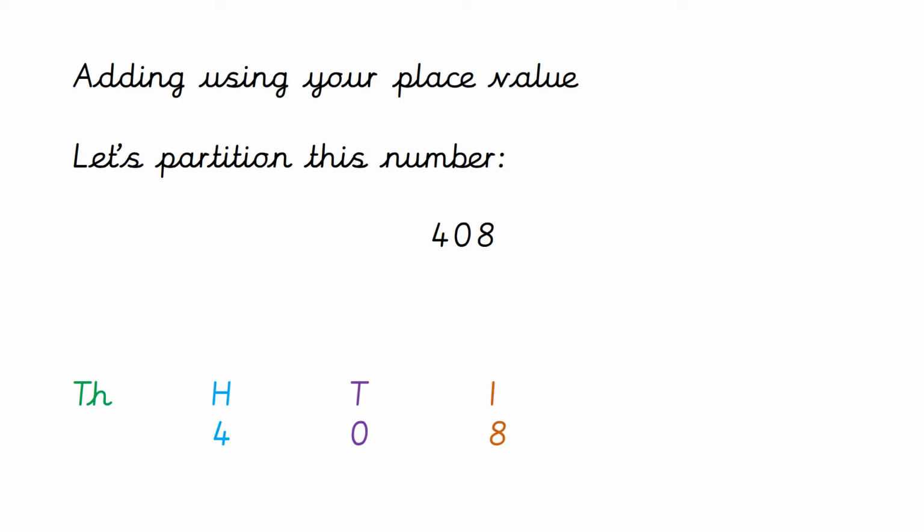And my 8 would be in my ones column, which means that I've got 8 lots of 1, which would be 8. So if I was going to put that into a calculation, I could write 400, 0 and 8. The 400 add 0 add 8 would be 408. Okay, so that's how I'm splitting my number up.